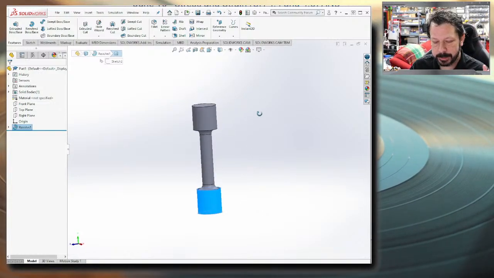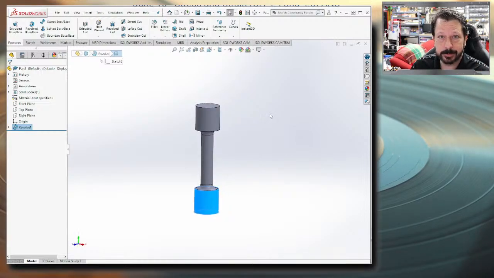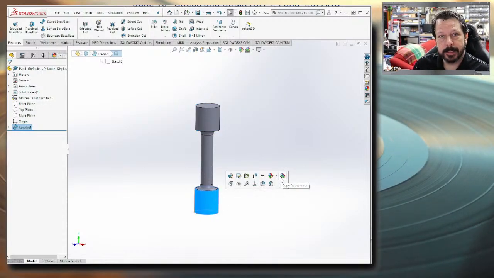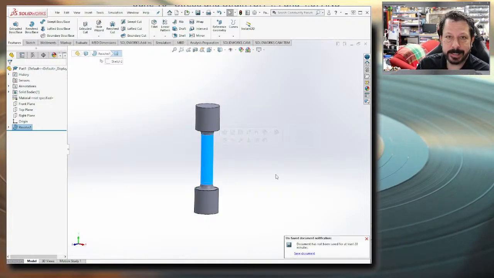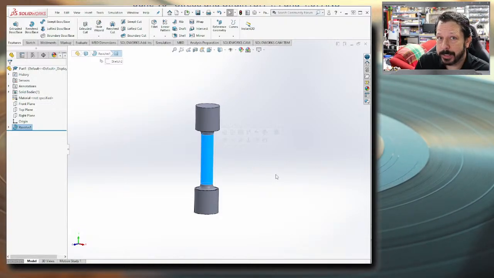This is kind of your typical round one for a ductile metal. You bolt it into a machine that's going to pull it apart. And this surface here is called the gauge region. And it's reduced in size, right? So it should be where this thing is going to fail. You do load these to failure, so eventually this will snap in half.